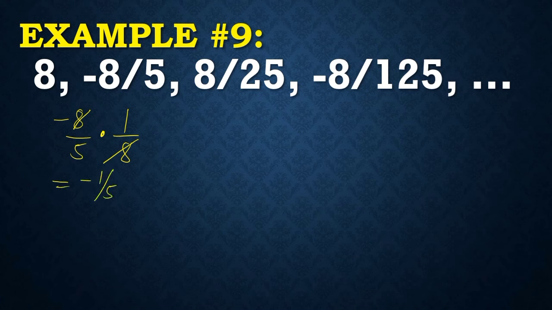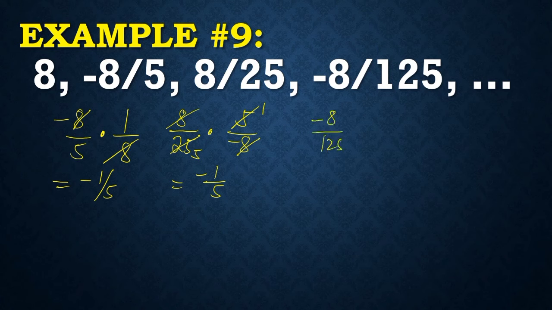So, check natin dito sa pangalawa. 8 over 25, and then yung negative 8 over 5, gagawin natin 5 over negative 8. Okay. So, cancel natin yung 8, then yung 5, 1, and then yung 25 magiging 5. So you can see, ang nakuha nating sagot is negative 1 over 5. And then dun sa last naman, negative 8 over 125.